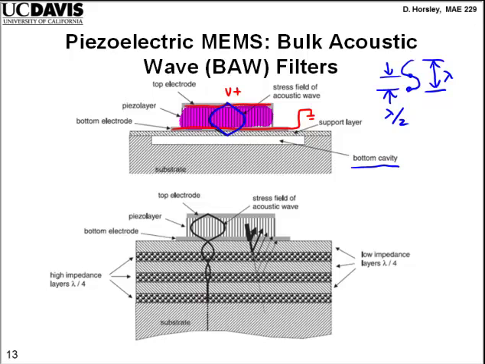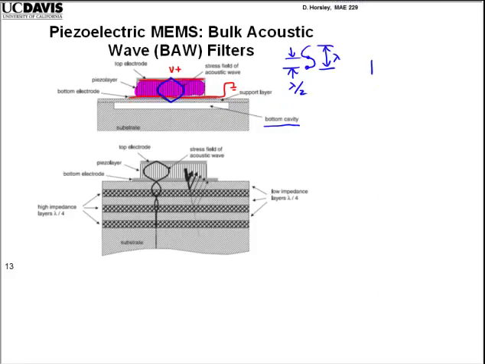The thickness of the film is going to be equal to half the acoustic wavelength. And this kind of structure that's drawn like this is usually what's called an F-bar. So it's called a film bulk acoustic resonator.